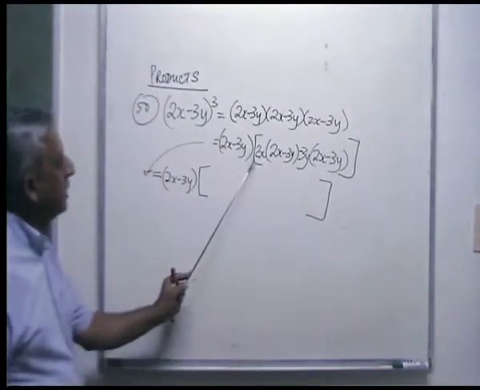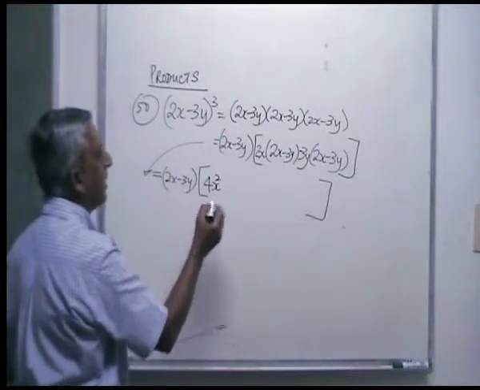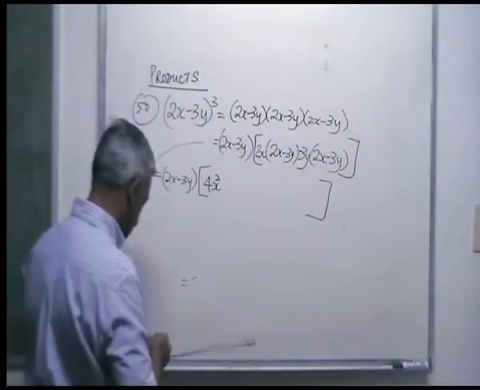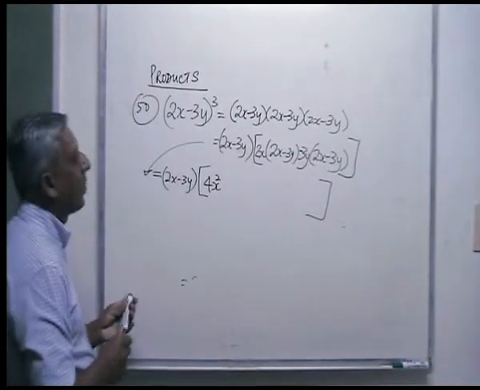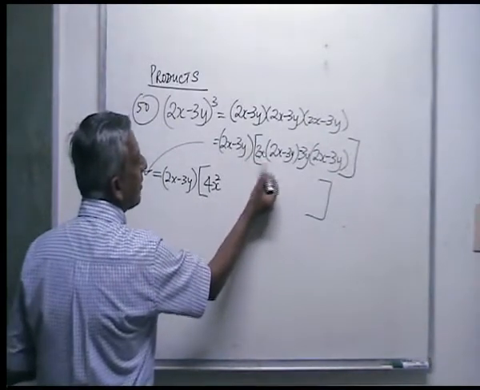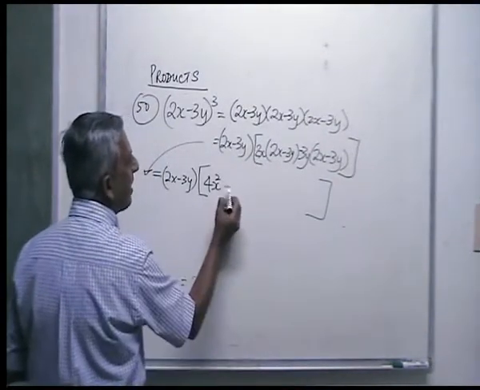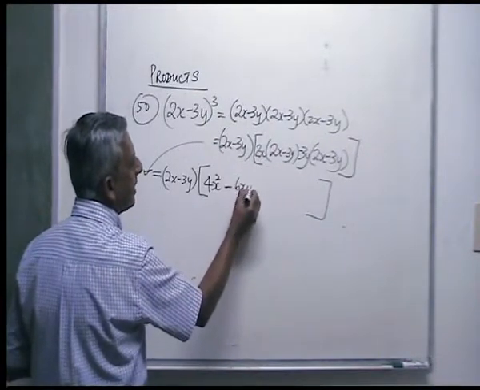Now, that 2x times that 2x gives me 4x squared. I'm multiplying those two there. I think you're quite clear about what I'm doing. Now, 2x times minus 3y: plus times minus is minus, and 2x times 3y gives you 6xy.